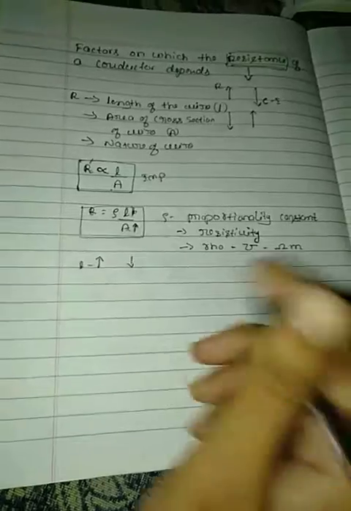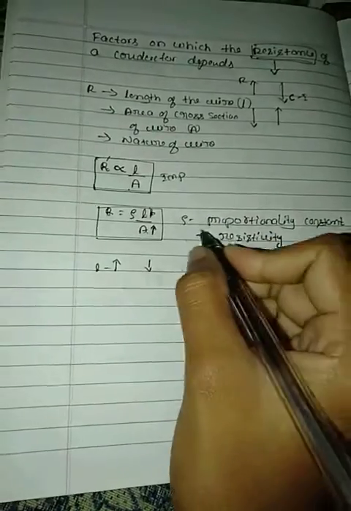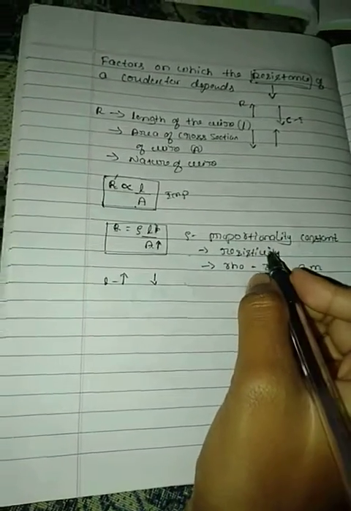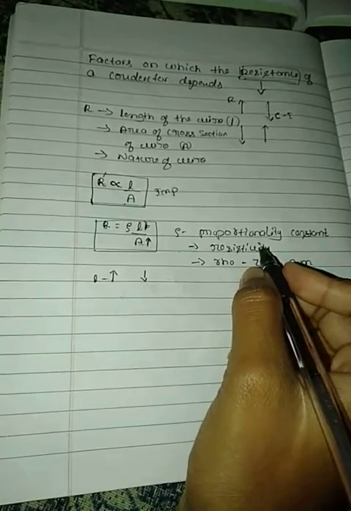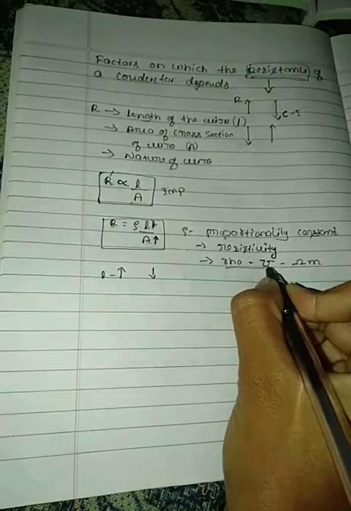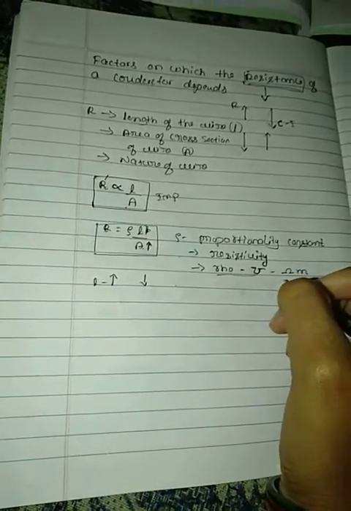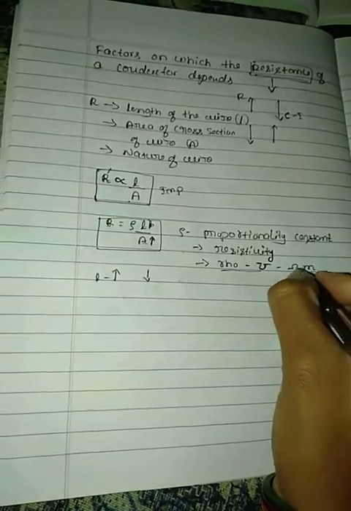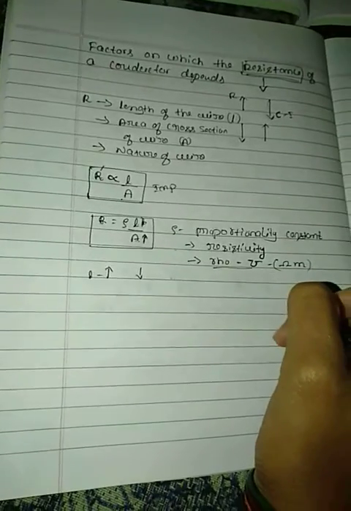Rho is resistivity. Resistivity is the proportionality constant. Also it is the characteristic property of the material. Its unit is ohm meter.